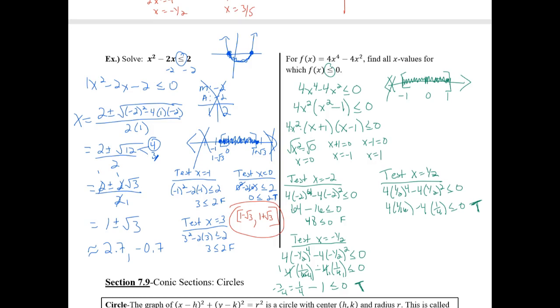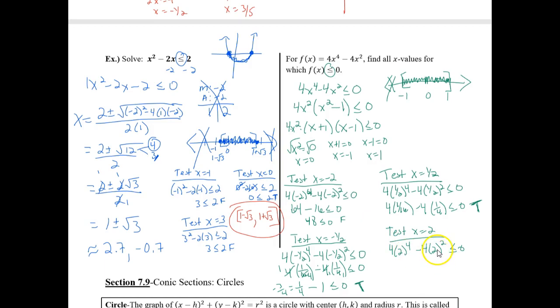And I need to test my last area. So something greater than 1, I'm going to pick 2. 4 times 2 to the 4th minus 4 times 2 squared, less than or equal to 0. This is going to be the same idea. I did negative 2 over here, but I took it to the 4th power and it became positive, and negative 2 squared became positive.